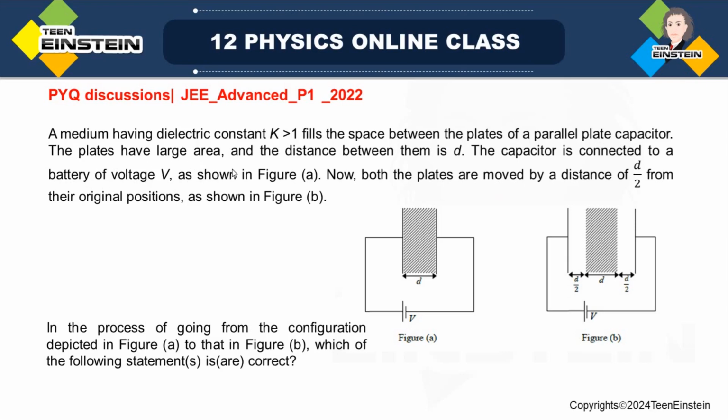The plates have large area and the distance between them is D, as you see in figure 1. The capacitor is connected to a battery of voltage V as shown in figure A. Now both plates are moved by a distance of D by 2 from the original positions as shown in figure B.